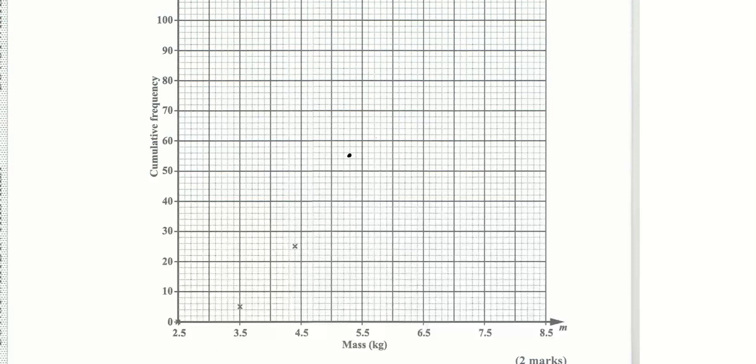What you're going to do, if you cannot see it, is take your ruler. 84 is here, and then we know 6.2 is here. Where those two intersect would be the coordinates that you're looking for.